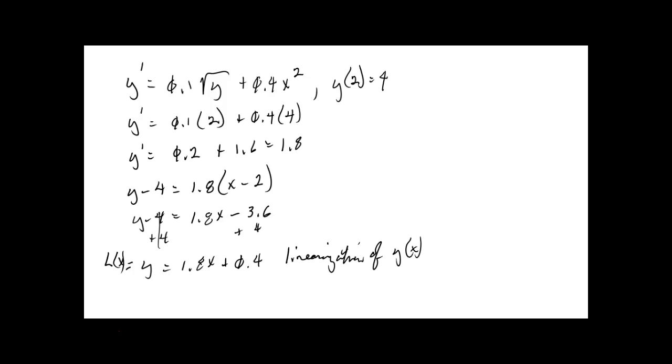Okay? So if we increase the x by 0.1, then we're going to estimate a new y1 to be 1.8 times 2.1. What we're doing, we're going up the tangent line, not up the curve.